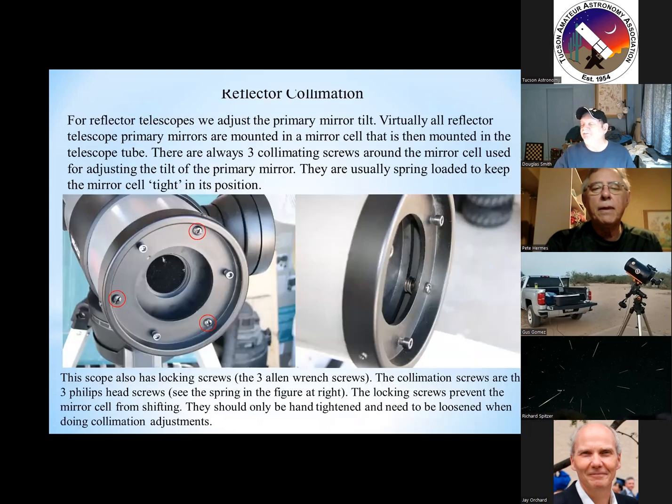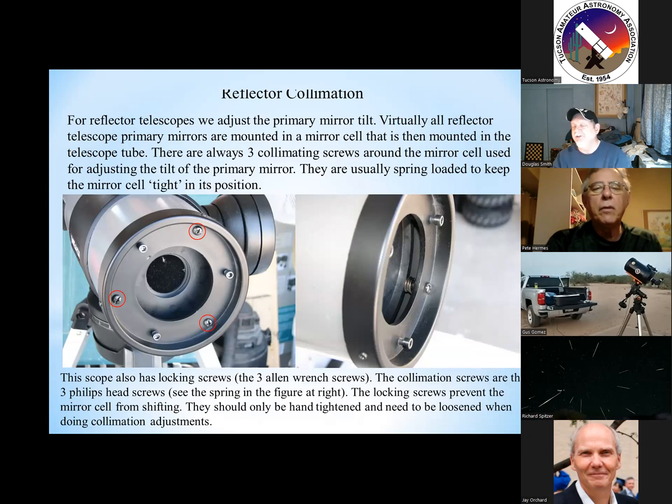What you want to use for collimation are the screws at the back end of the telescope. The primary mirror is mounted in a mirror cell that's mounted into the tube. And every primary mirror I've ever seen on a Newtonian or a Cassegrain telescope has 3 collimation screws at the back of the scope. In this case, there are those 3 Phillips head screws that I've got marked in red.